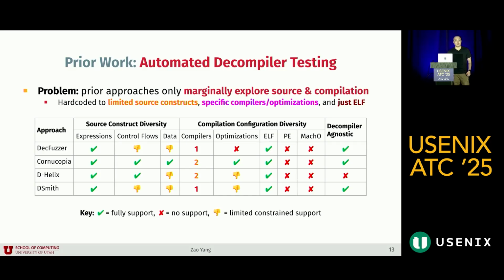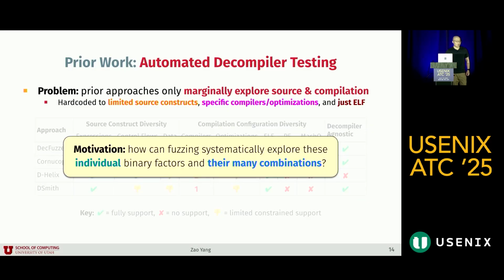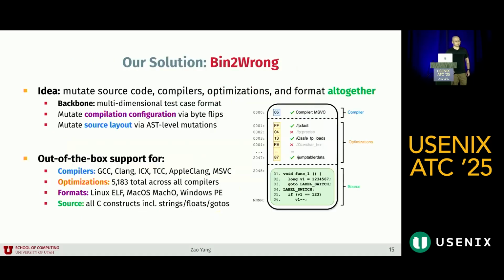Therefore, they have limited coverage in this broad space of binary diversity. Many decompilation errors similar to those from the previous table can remain undetected by these tools. So our motivation is, how can we systematically explore these factors and their combinations to test decompilers thoroughly?